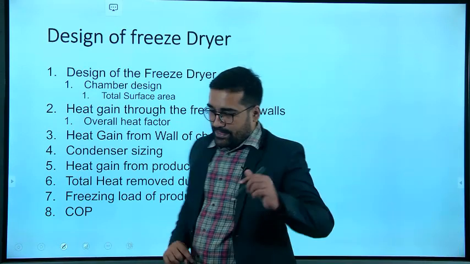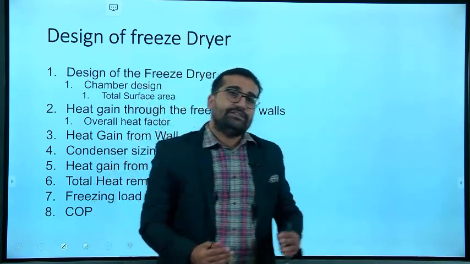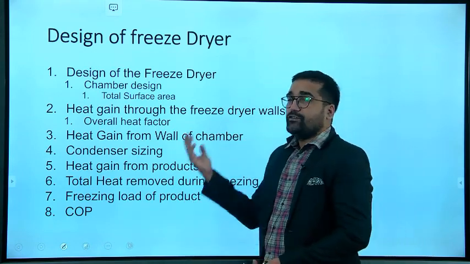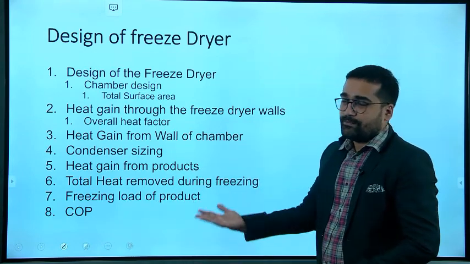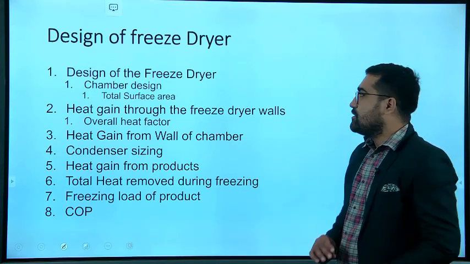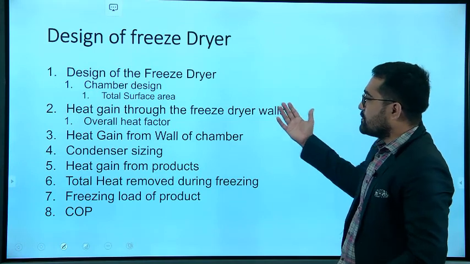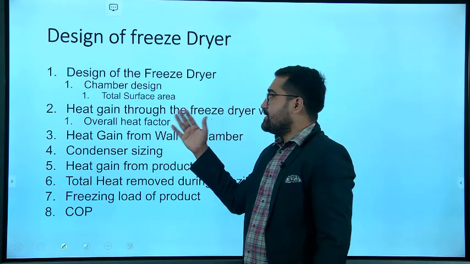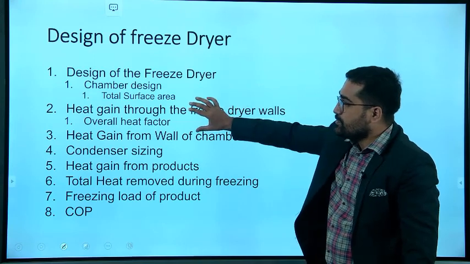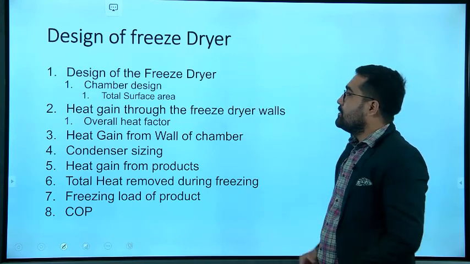Inside our freezer, the temperature is relatively lower than the outside ambient temperature. Outside temperature may be 30, inside temperature may be less than 0. So, there is a lot of heat transfer through the walls of the chamber. That is why we find the surface area of the wall of the chamber, which we use to find the heat loss during operation.